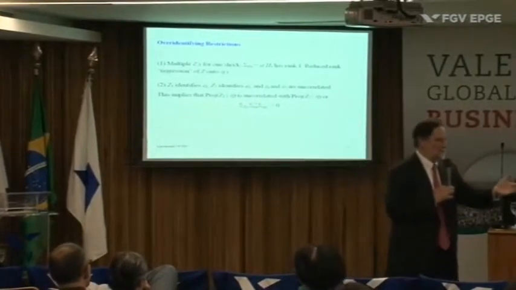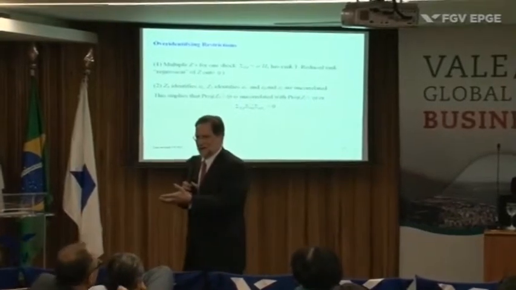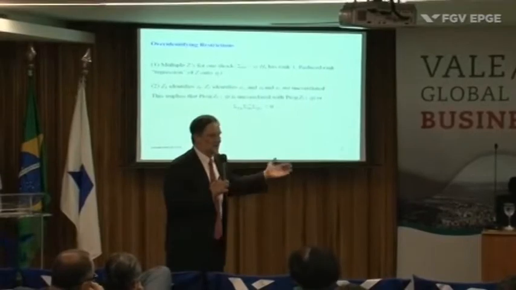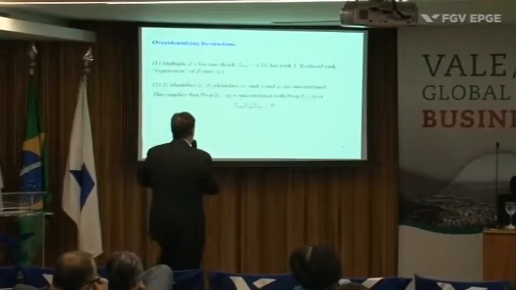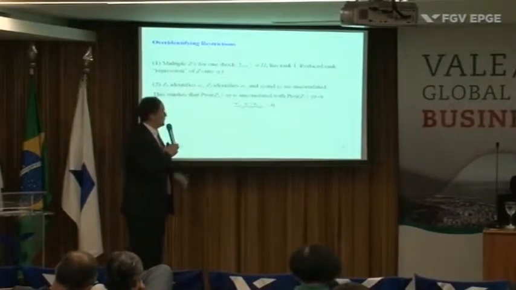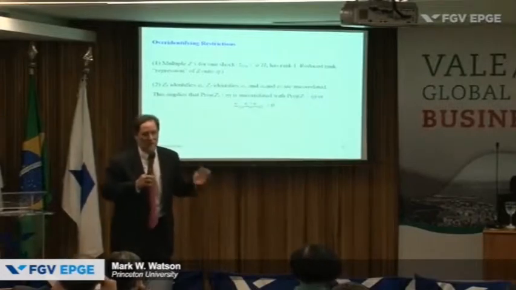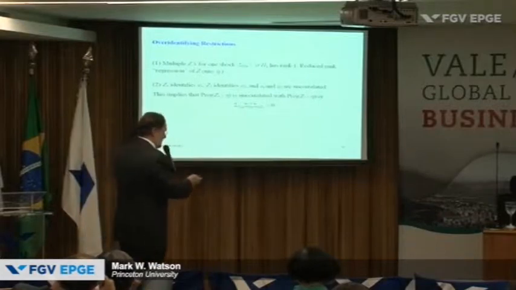You can identify the monetary policy shock and the fiscal shock, and these should be uncorrelated with one another if the model and the instruments are right. So you might want to test whether two instruments for two different shocks lead to shocks that are uncorrelated. Those are the tests of over-identifying restrictions that you might want to look at.